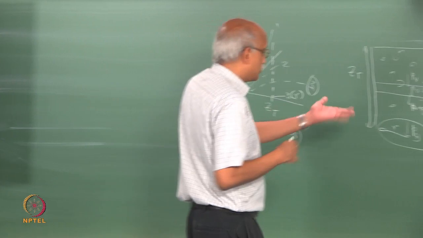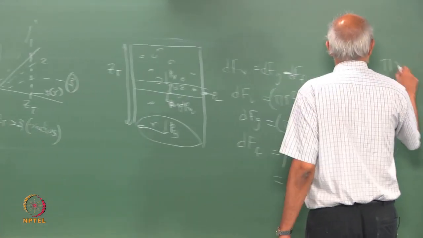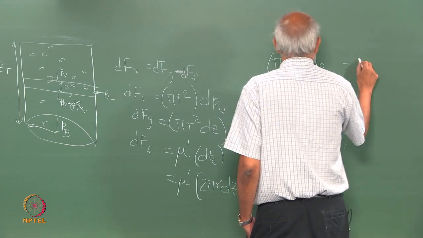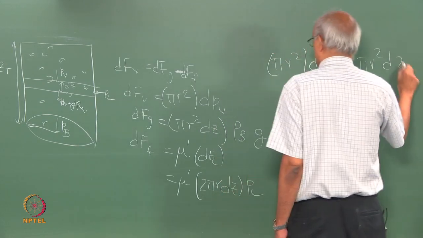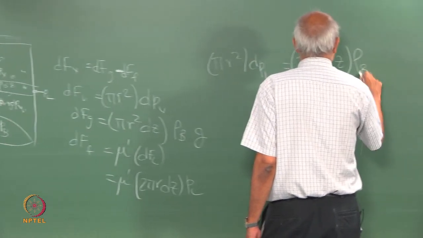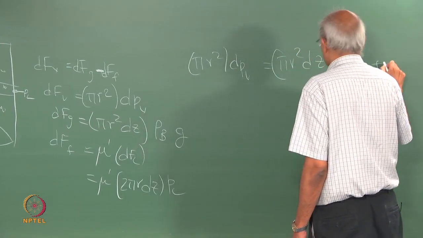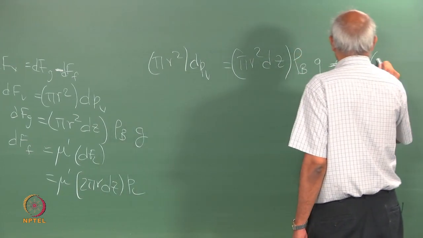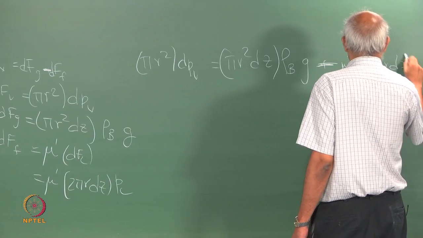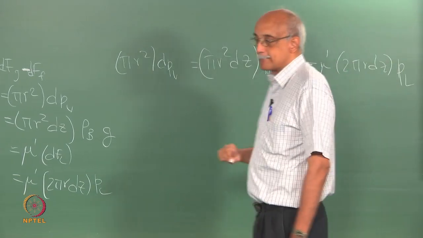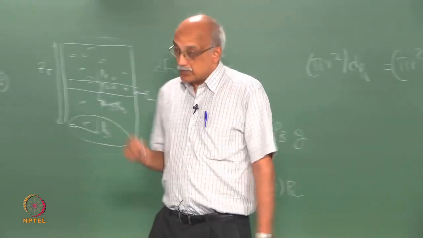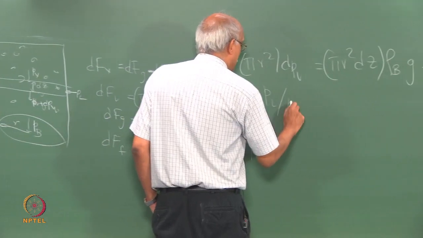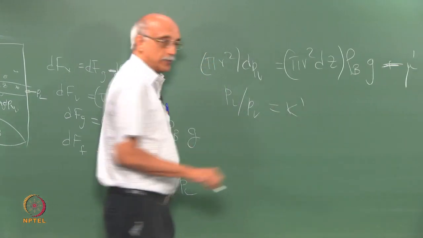Okay. So, just do a balance. So, it says pi r squared times dPV equals pi r squared dz times rho b times g plus, or actually minus, mu prime times 2 pi r dz times PL. If you remember in the last lecture or 2 lectures ago, we had introduced this notation that PL over PV equals K prime, right.